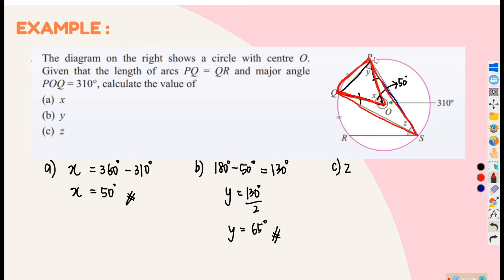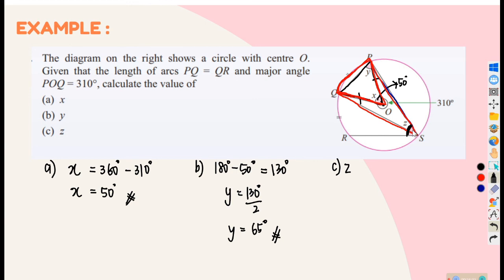So this one is a rocket. So we know that the angle at the center is twice the size of the angle at the circumference. So z means that here until here, total here is z.